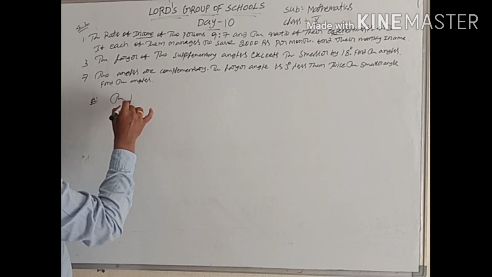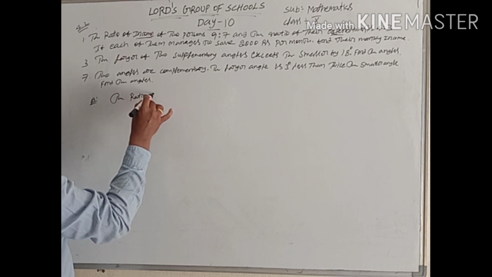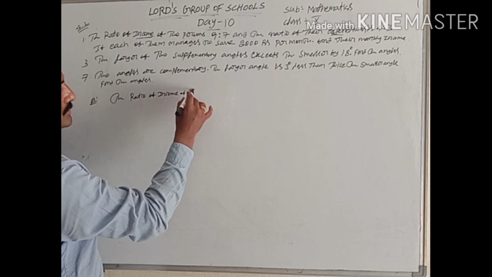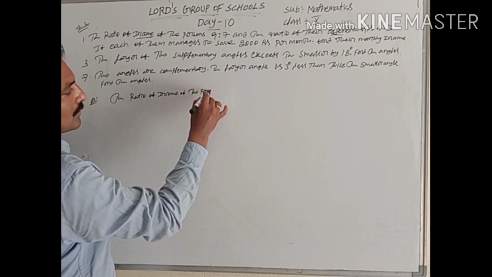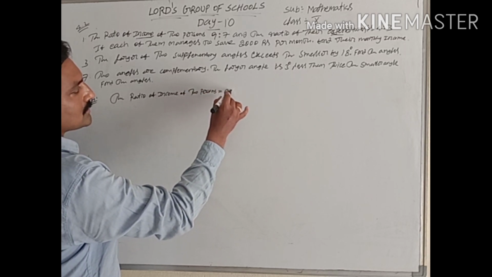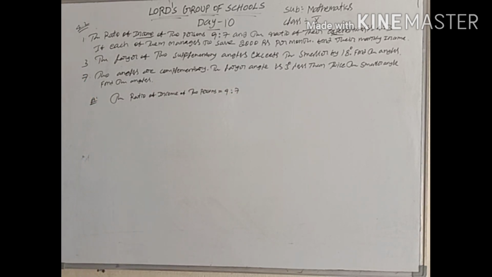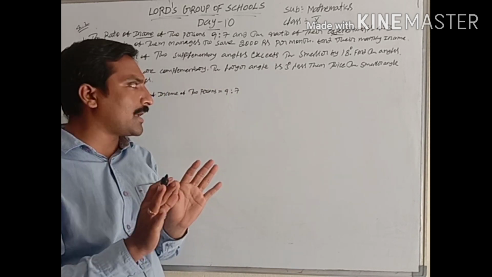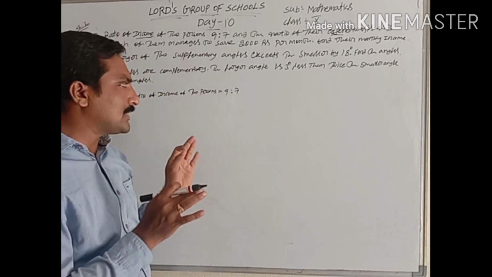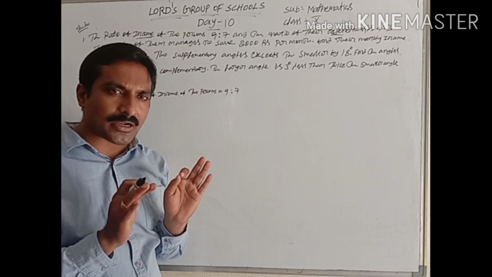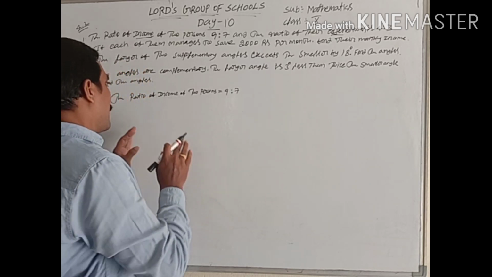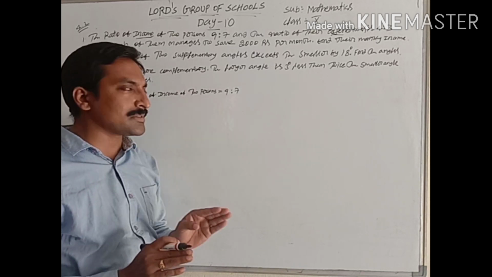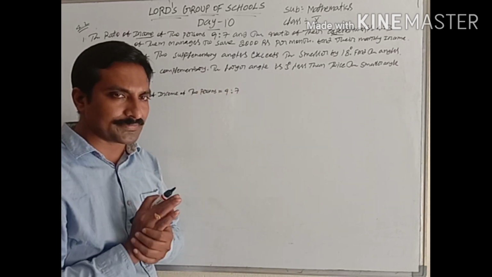The ratio of income of two persons is 9:7. Now here, in a ratio, what numbers are present? Those are not actual numbers. The ratio value always represents parts only. Here, of two persons' incomes, one person is 9 parts, one person is 7 parts.